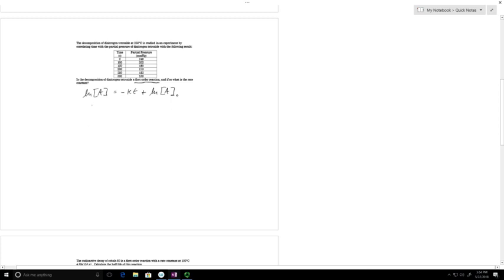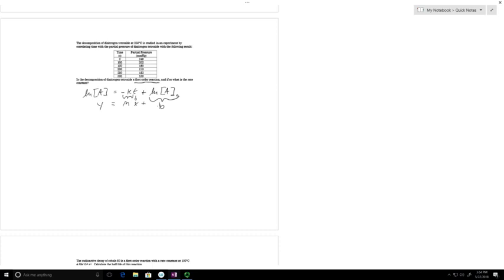So what this actually looks like is Y is equal to MX plus B. So it's just your normal linear equation. It just looks kind of funky.